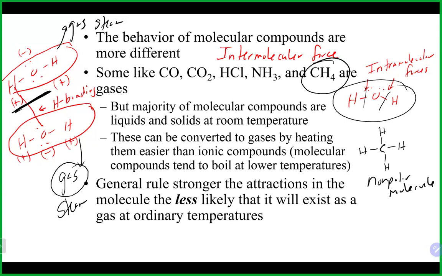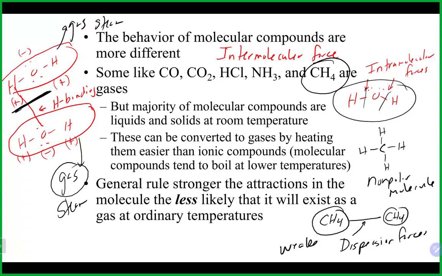And when you put something like methane together with another methane, what holds these two together is also an intermolecular force. This is what is known as dispersion forces, which we'll talk about in chapter 14. Dispersion forces are actually the weakest intermolecular force you could have. They're typically very temporary attractions.